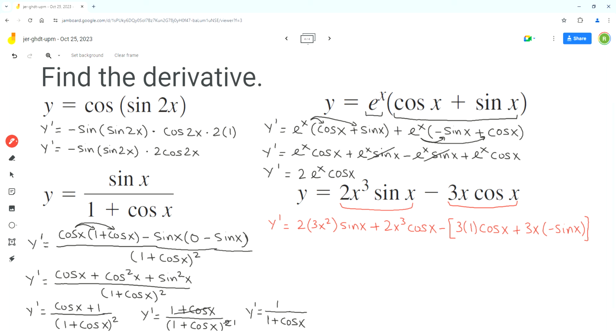Now we can simplify this expression. In the first part, 2 times 3 is 6. And the second part stays the same. Now in the brackets, 3 times 1 is 3, so we get 3 cos x. And then 3x times negative sine x is minus 3x sine x.